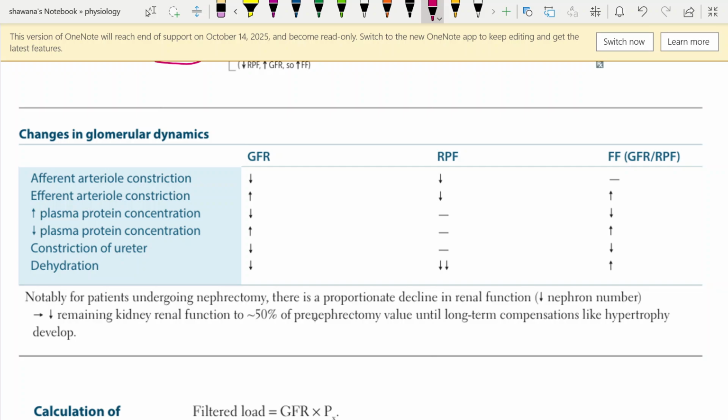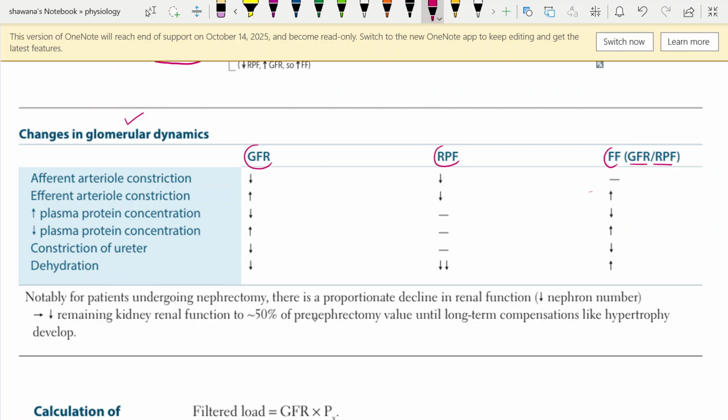So, changes in the glomerular dynamics. First of all, we will discuss the GFR, the renal plasma flow, and the filtration fraction. We know that the filtration fraction formula is GFR divided by the renal plasma flow. Talking about some dynamics, what if there is afferent arteriole constriction?